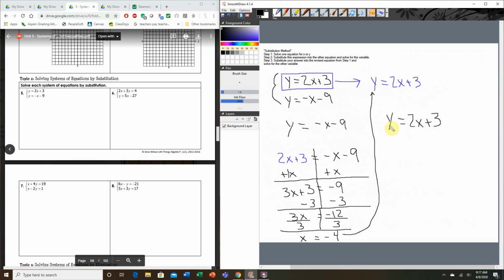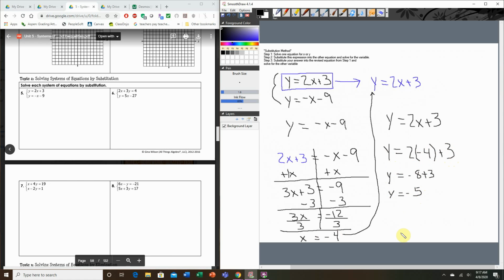So we have y equals 2, and we're going to put that in parentheses, negative 4, plus 3. And now we're going to solve for y. So we have y equals 2 times negative 4 will give us negative 8 plus 3. And y equals negative 5.